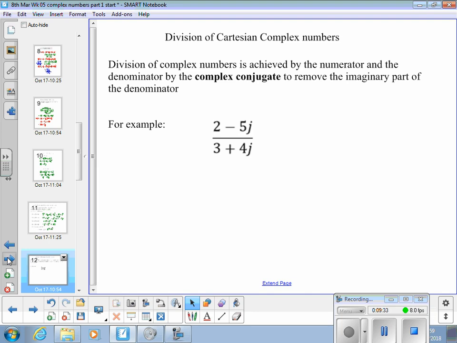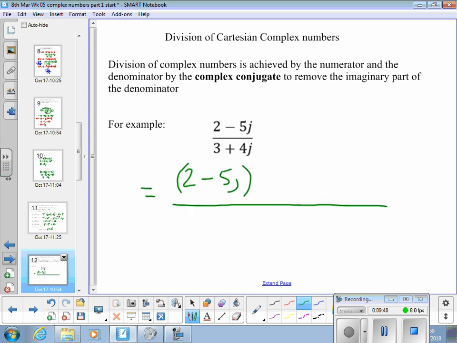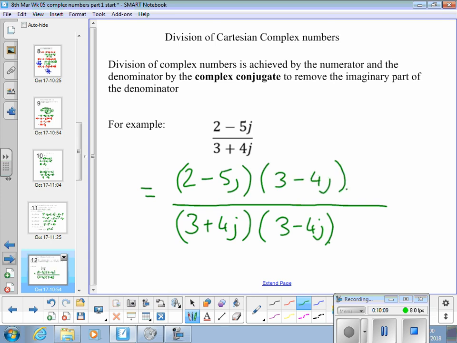We've just seen that. Okay, so we'll go through this one step by step. So it equals 2 minus 5j over 3 plus 4j. And then we have to multiply top and bottom. What we do at the bottom, we've got to do to the top. So we multiply the bottom by 3 minus 4j, and we've got to multiply the top by 3 minus 4j too.